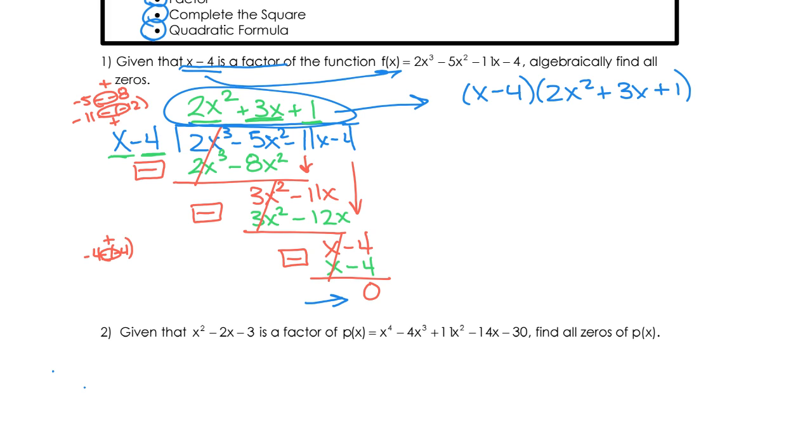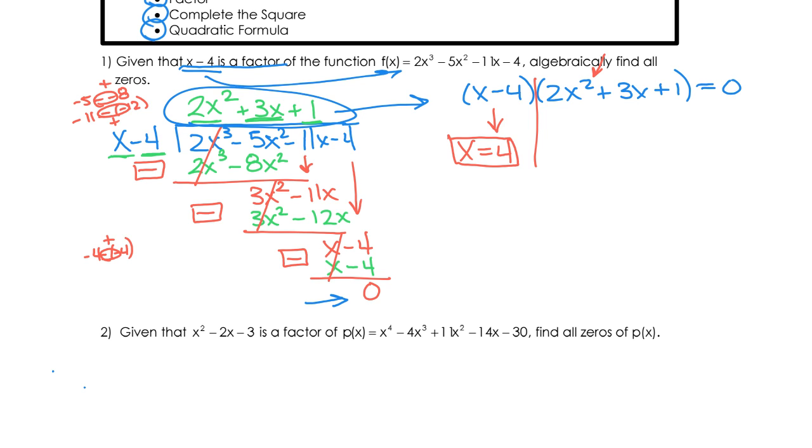But we don't want to put them together. We want to continue to take them apart. We already know that x minus 4 would give us x equals 4. We want to find all the zeros, so that's going to be one of them, but there are going to be 2 more that come from this one. We're going to set this equal to 0.